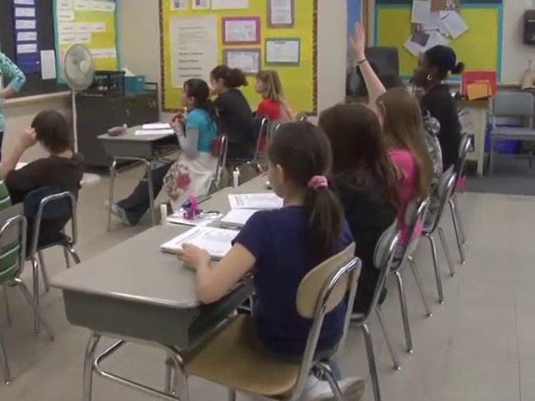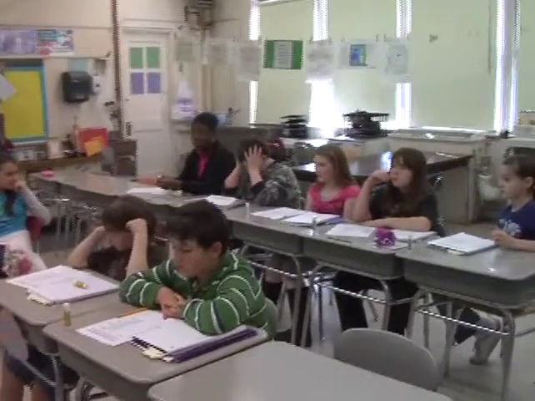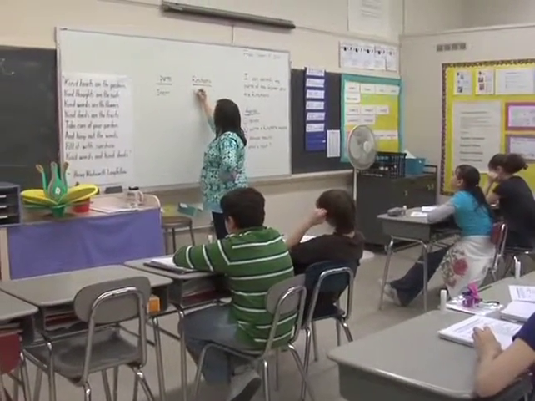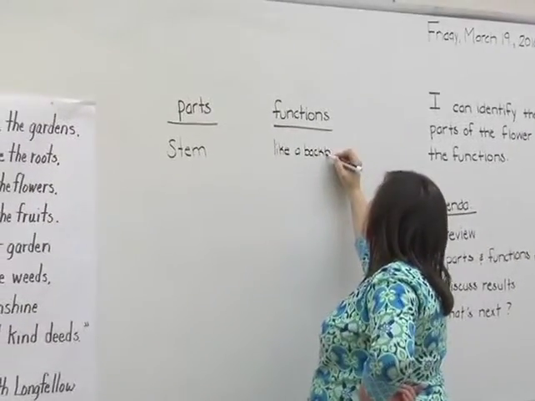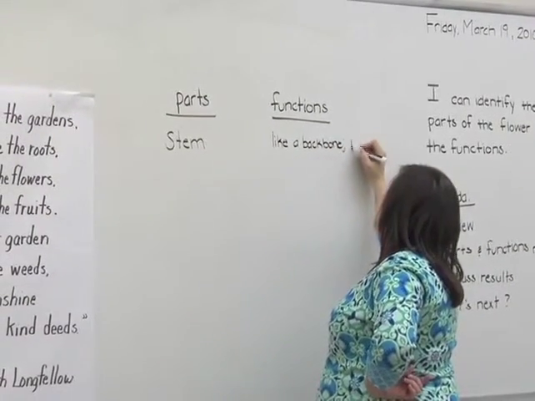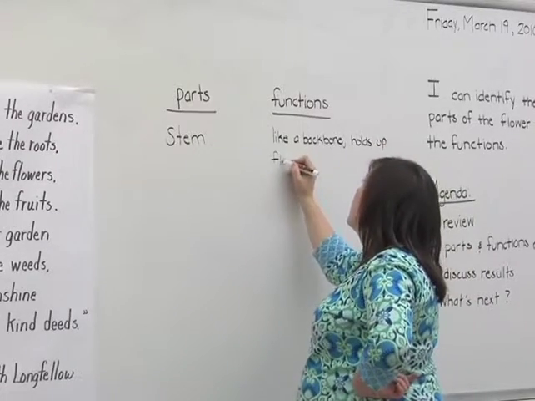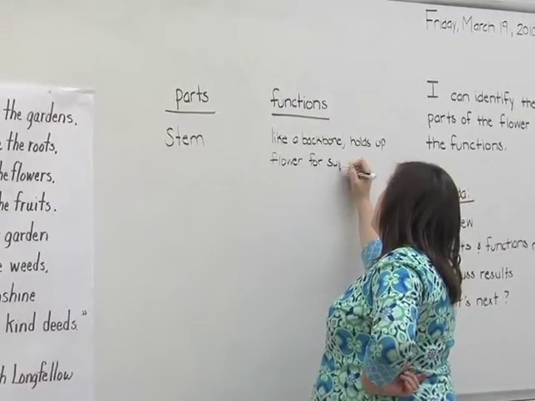What might the stem function say? Oh, maybe it's the backbone of the flower. Sure, backbone of, like a backbone. Holds up the flower. For support.